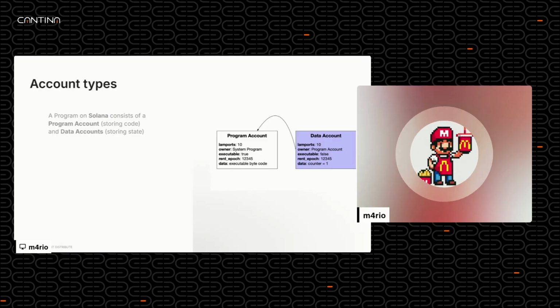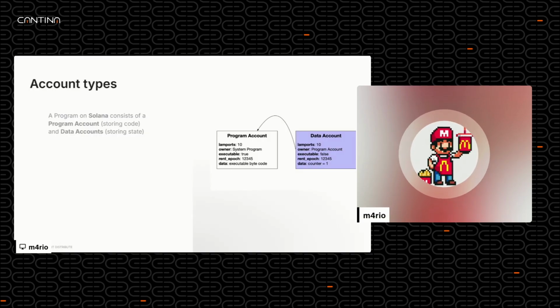A program on Solana consists of a program account, which stores executable code, and data accounts, which store state. For those who are from Web2, you can think of the program account as the code you write, and the data account as the database that stores the state, right?